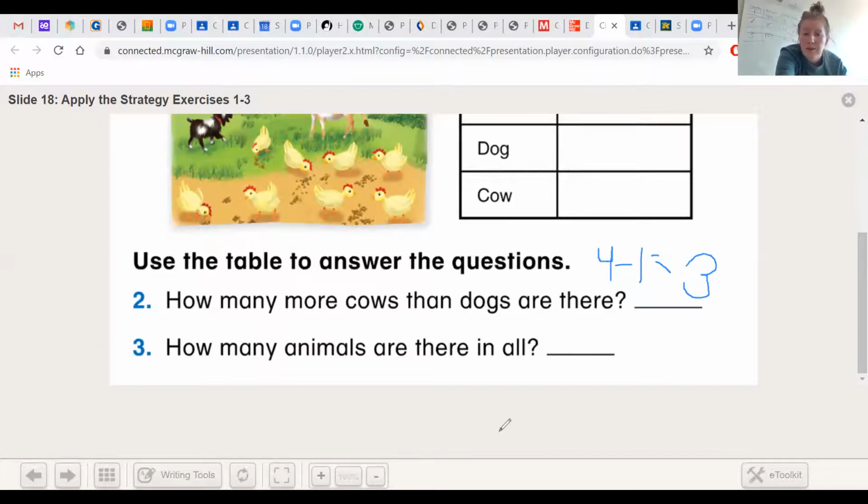How many animals are there in all? Well, we know that there were 8 chickens, and then we know that there were 4 cows and 1 dog. 8, 9, 10, 11, 12, 13.